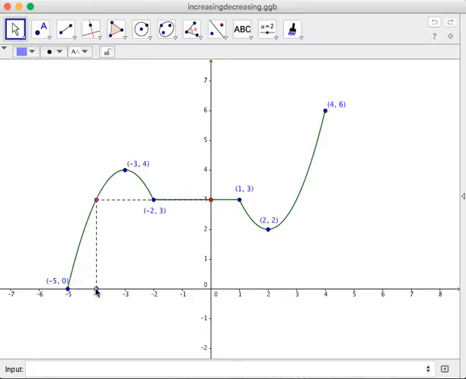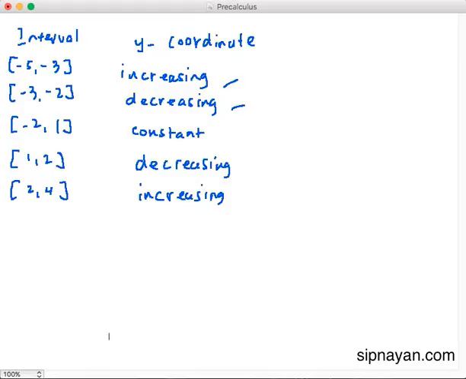For example, here, this is around negative 4.5, and my y coordinate is 2. So these are the coordinates of this point. I think that is clear. So we said from negative 5 to negative 3, the function is increasing.